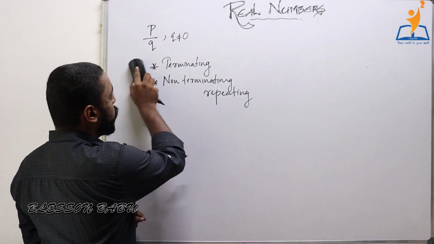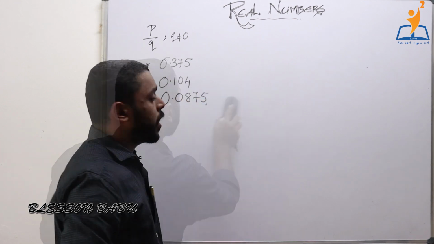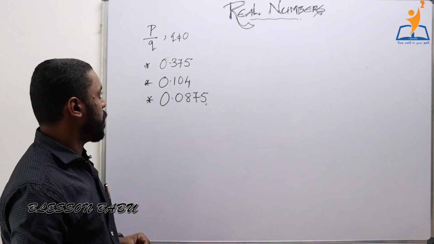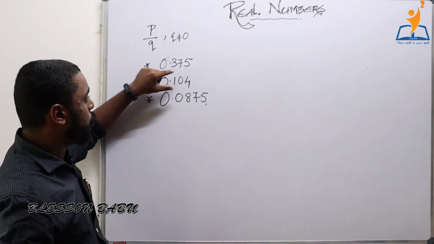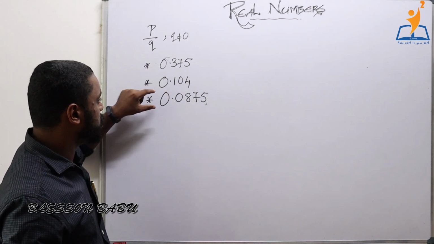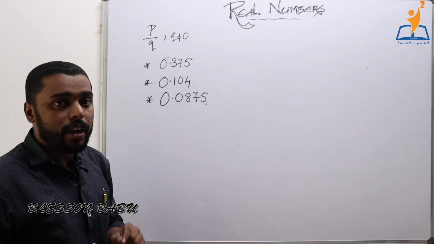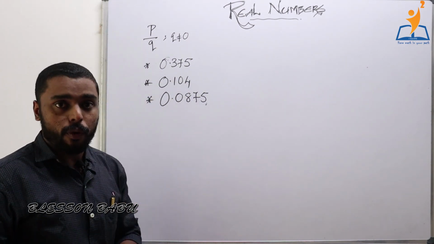So let us move into some examples. Here we have three examples. The first one is 0.375, the next one 0.104, and the third one is 0.0875. Now we shall check the properties of these numbers.